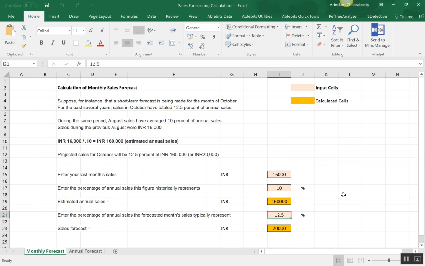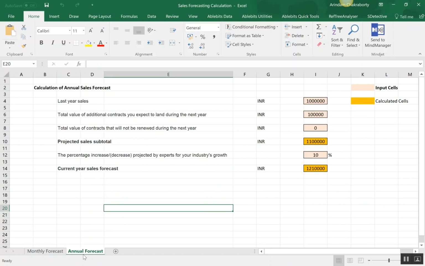Any type of forecasting is based on the experience gathered in the past years. So those data points or data elements become very important from a calculation perspective, both in financial terms and if you're using statistical terms also, those data elements are very significant. Now let us look into an annual forecast.